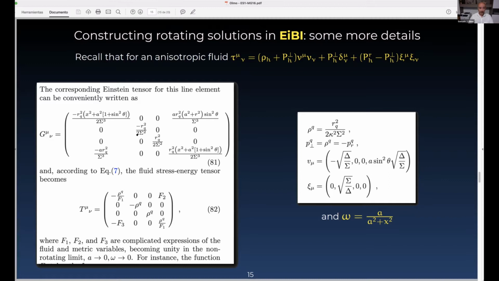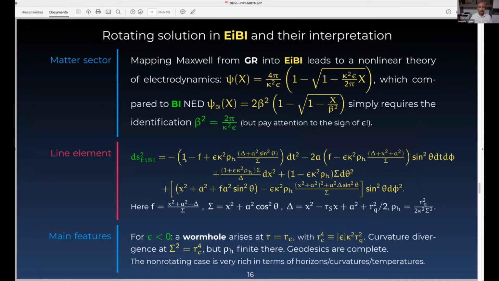Okay, so the Kerr-Newman solution can be interpreted as a solution for a fluid, and with that, we just use the formula to obtain the line element for Kerr-Newman in Born-Infeld theory.